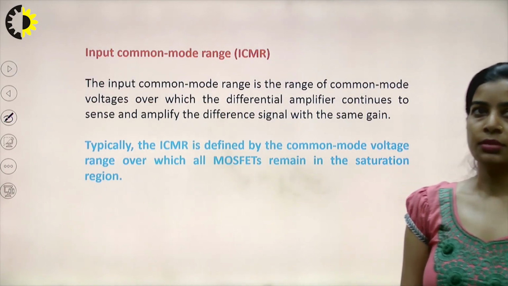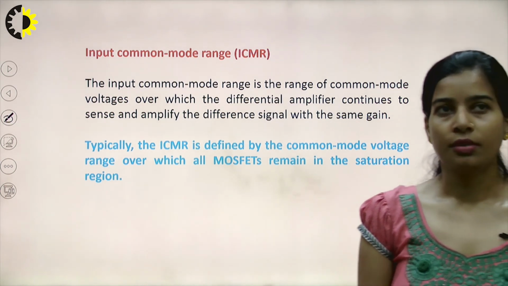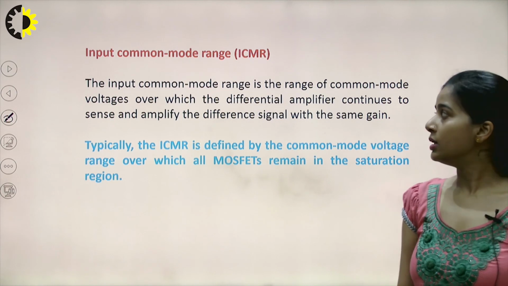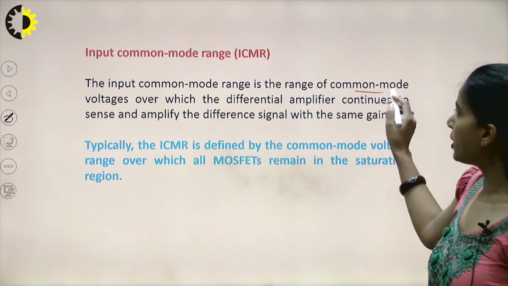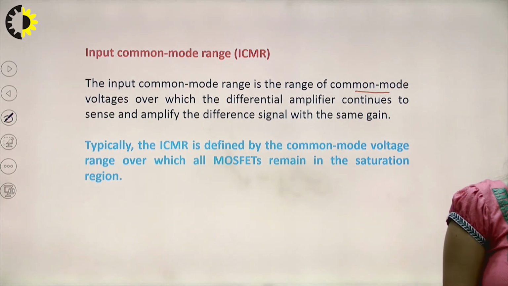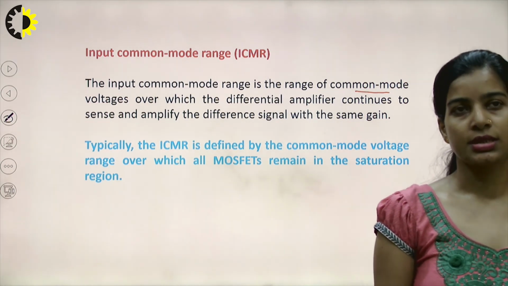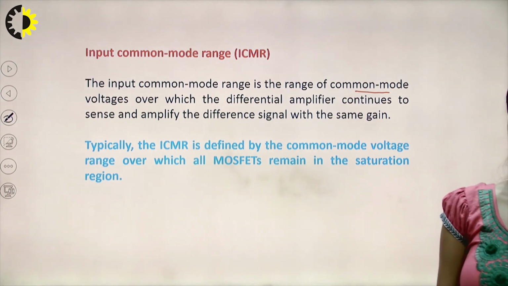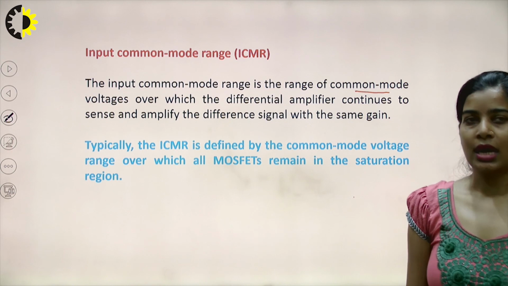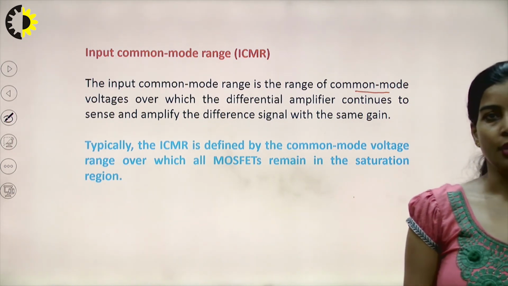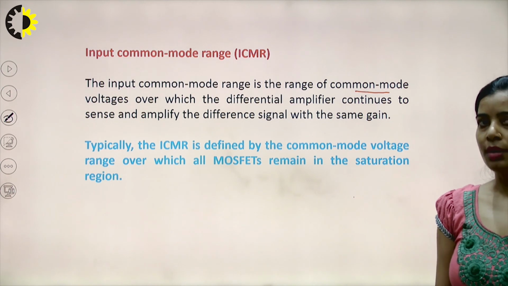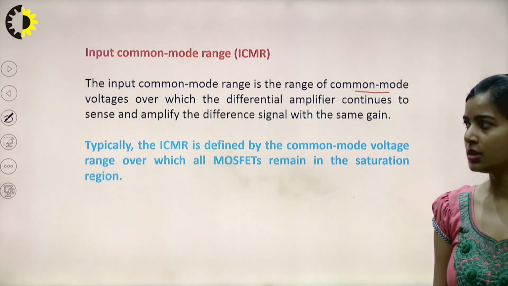One more term is the input common mode range. The input common mode range is the range of common mode voltage over which the differential amplifier continues to sense and amplify the difference signal with the same gain. Typically, the ICMR is defined by the common mode voltage range over which all MOSFETs remain in saturation.